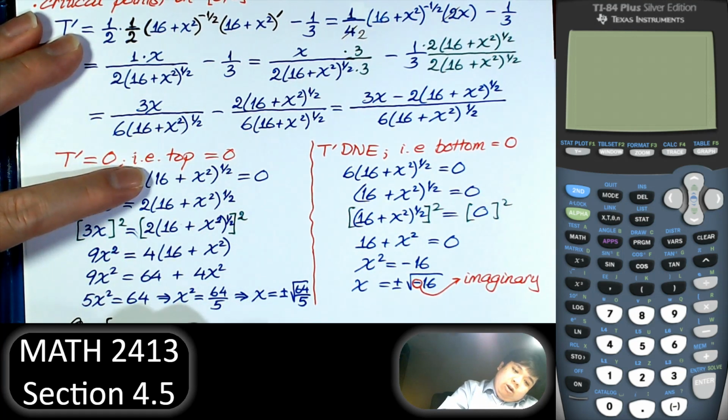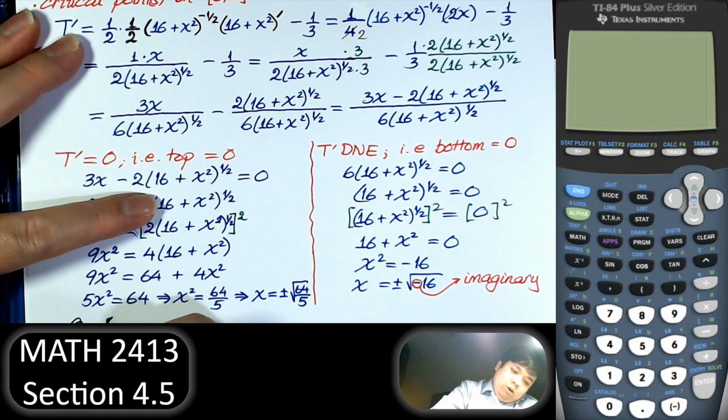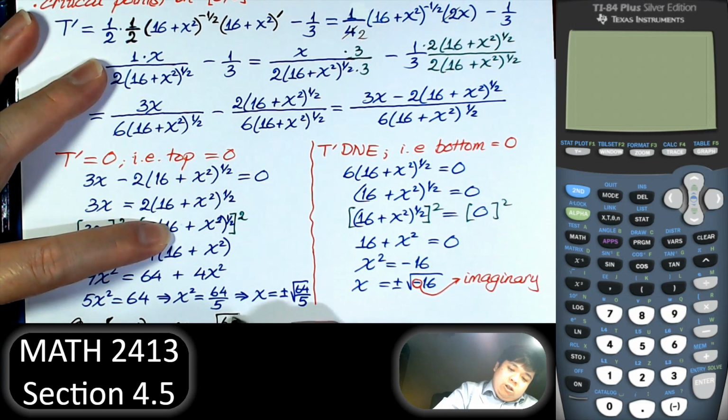So on the open interval of 0 and 6, there's only one of them. Square root of 64 over 5.